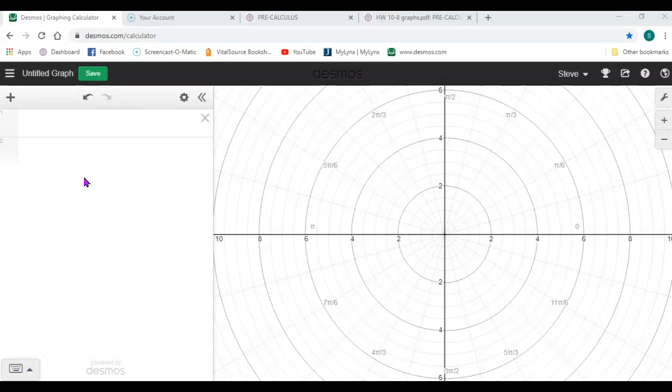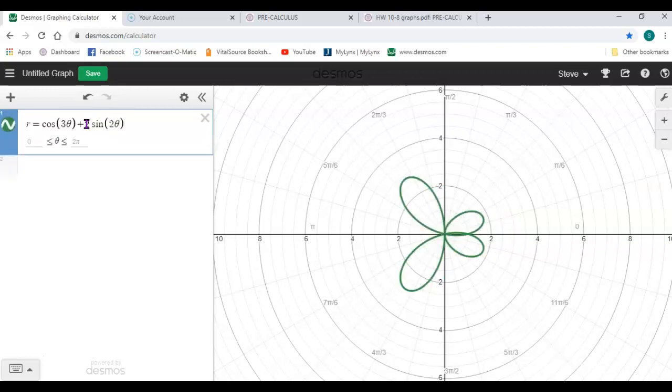And if you make them in the online version of Desmos, here's one way you can share them. When you've got an equation that you like, say cosine of 3 theta plus 2 times the sine of 2 theta. Okay, that's a little bit interesting.